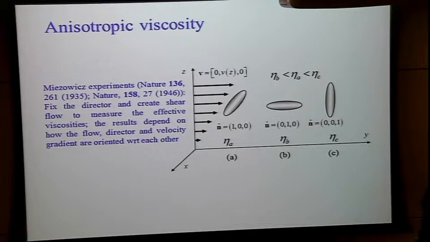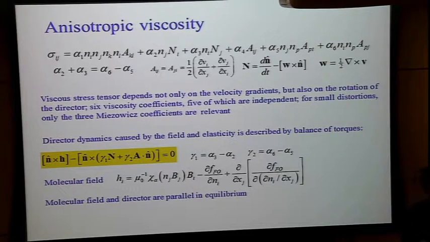So with this came, of course, a huge interest of theorists to the problem of how do you describe viscous properties of nematics. And there were 2 schools of thought that produced similar results, and yet these results slightly differ in some, I would say, non-significant details.